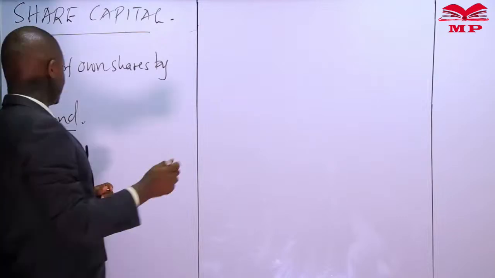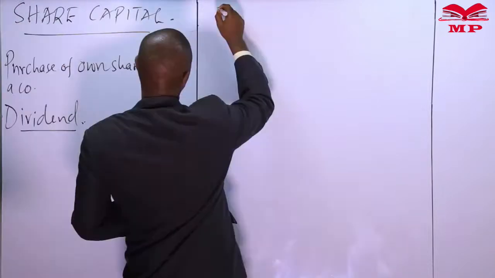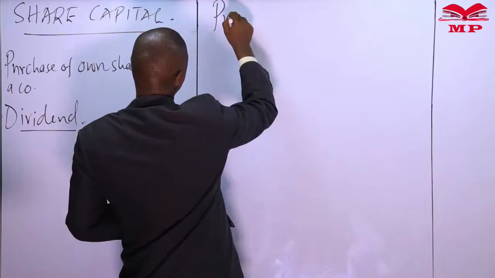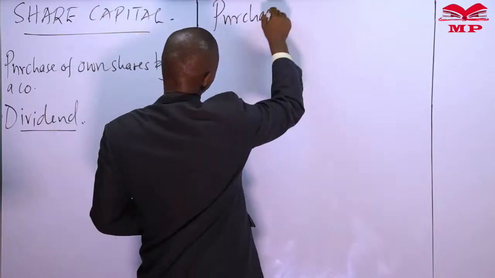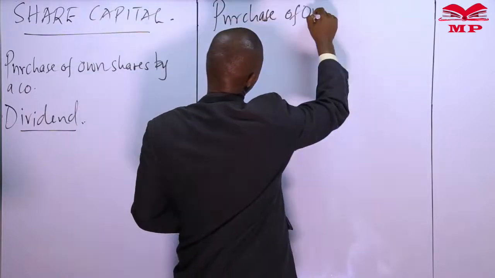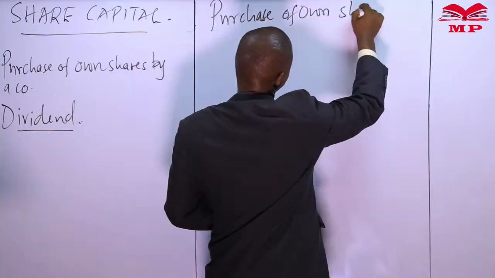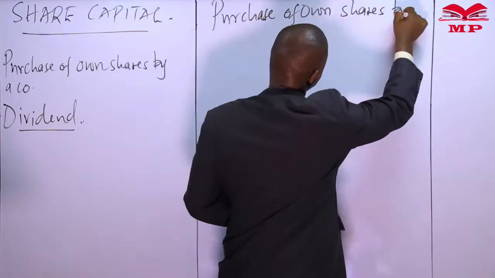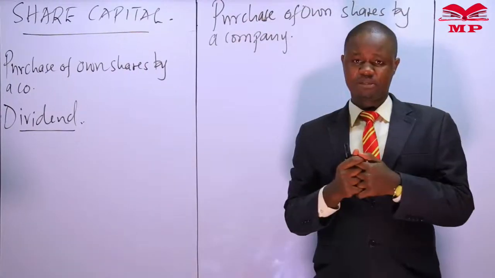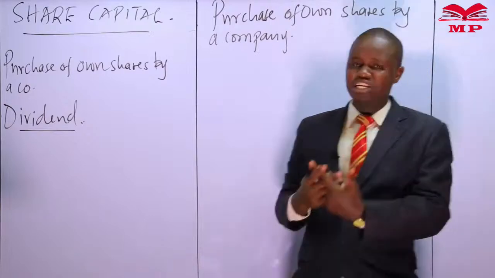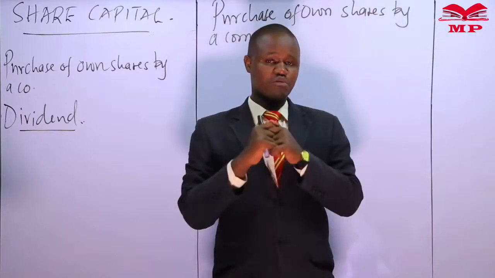So let me begin with the first of those items, the purchase of own shares by a company. Could a company, by extension, finance the purchase of its own shares?